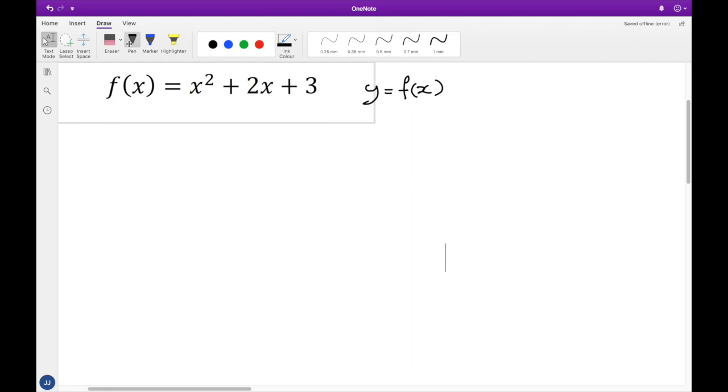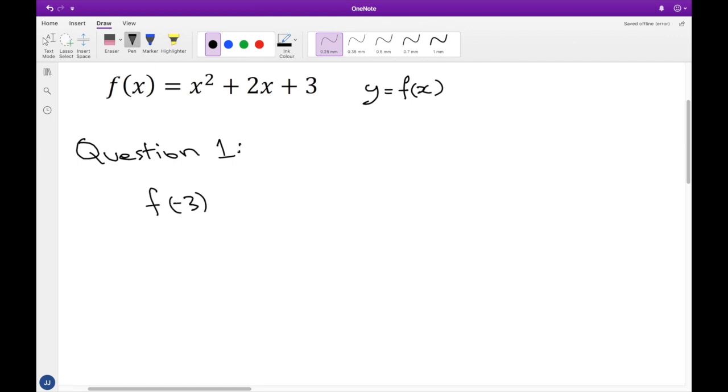Now for homework, I would like you to try these questions here. So we have question 1, and I want you to work out the f of -3, find the f of 5, you could find the f of 1/2, and how about the f of -7?